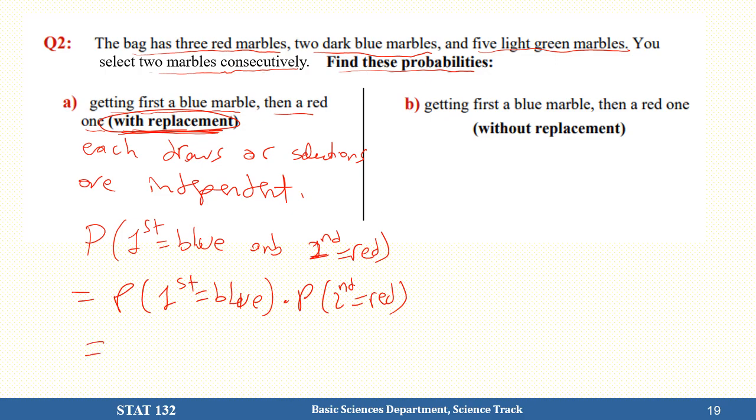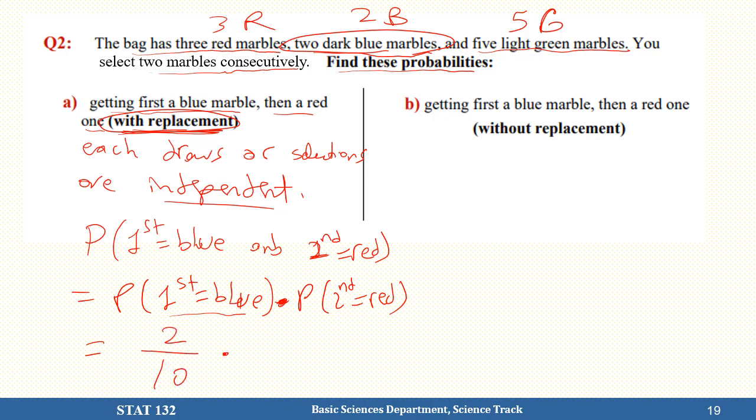Since they're independent, we write the multiplication rule this way. What's the probability that it's blue? It will be 2 divided by, okay, 3 red, 2 blue, and 5 green makes 10, so it's 2 out of 10 times red. What's the probability of red? It will be just 3 divided by 10, which gives 6 over 100.